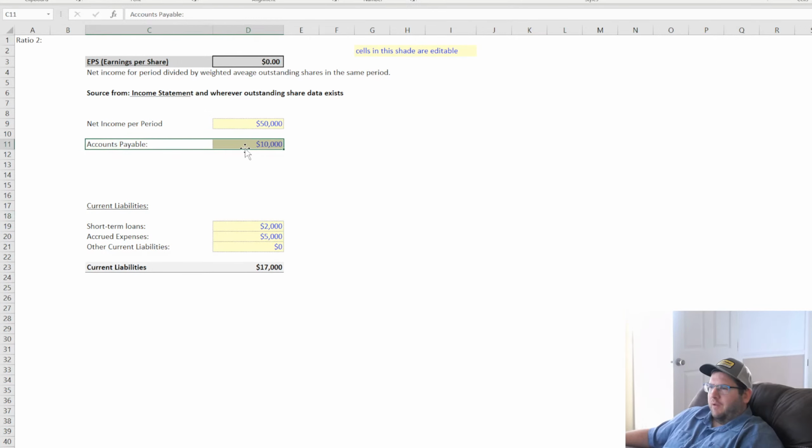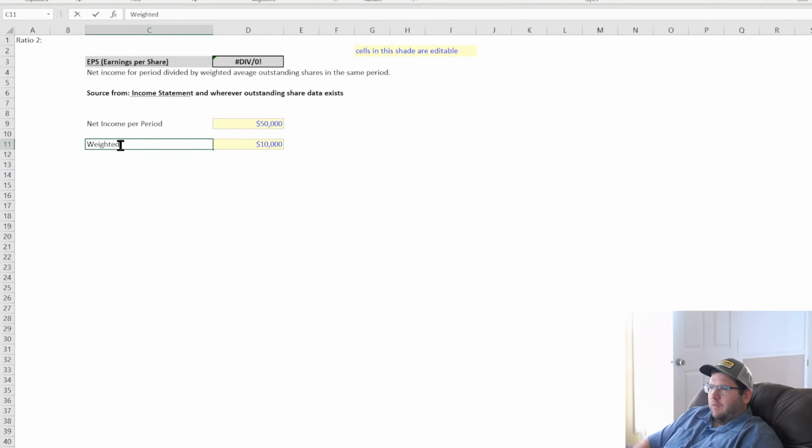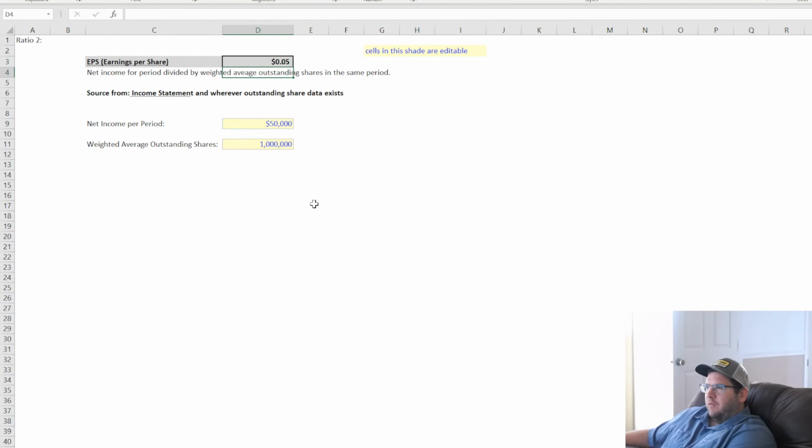And then the other number we need is the weighted average outstanding shares. Let's say it was 1 million. So this divided by this, earnings per share here is 5 cents.